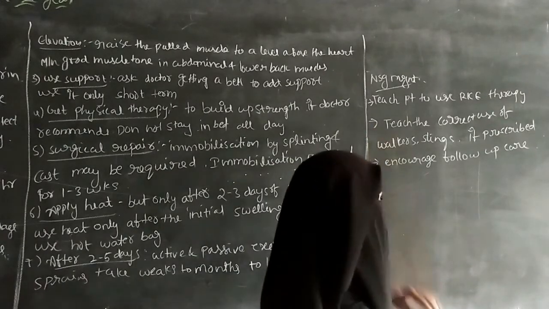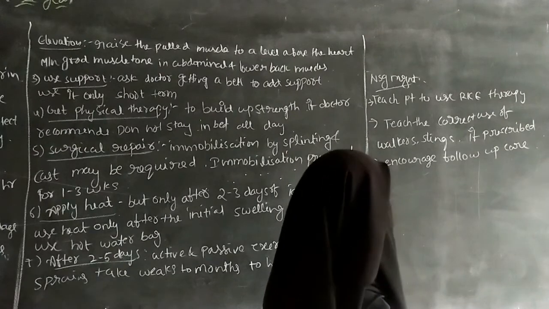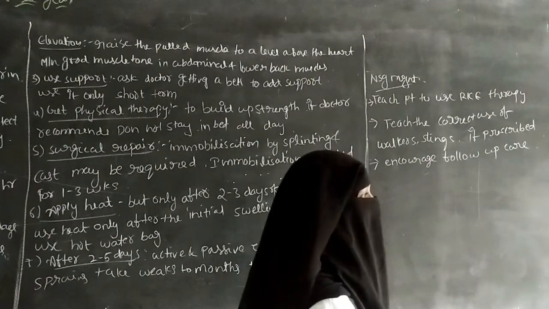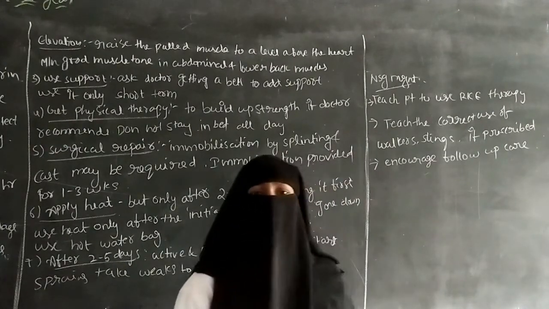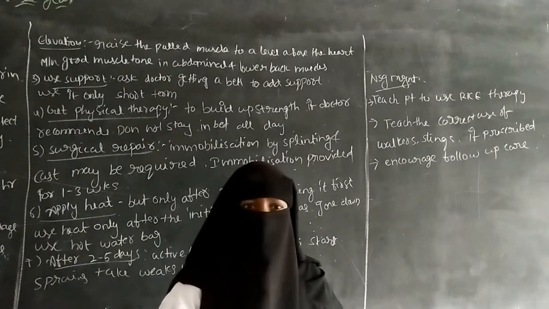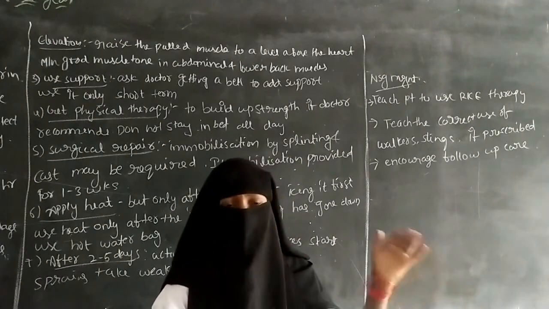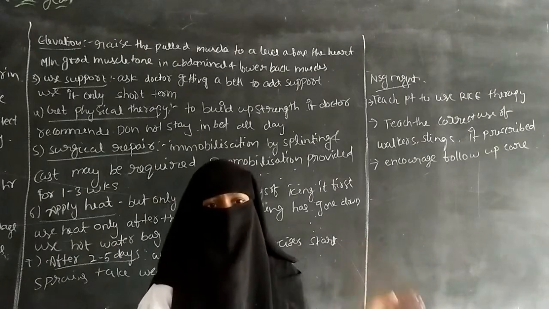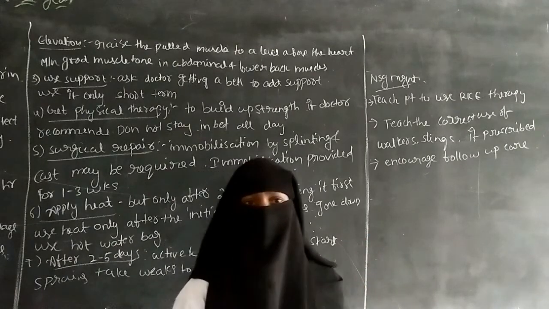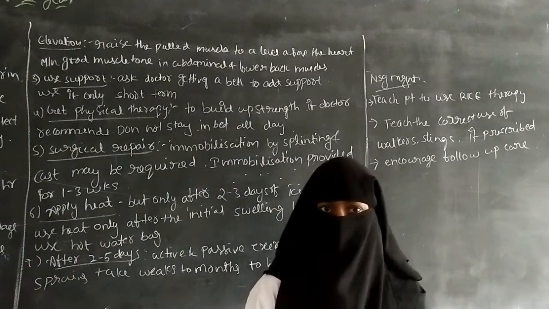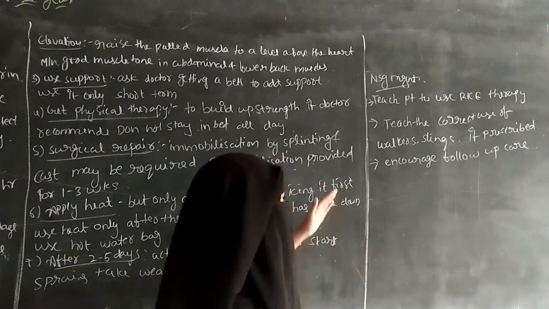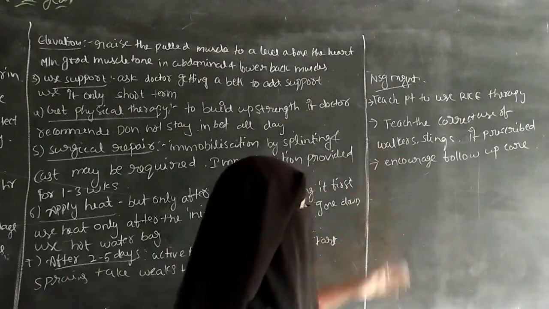And next one is teach the correct use of walkers or slings if prescribed. If the doctor prescribes slings or walkers, the nurse has to educate the patient on how to use these supportive measures.